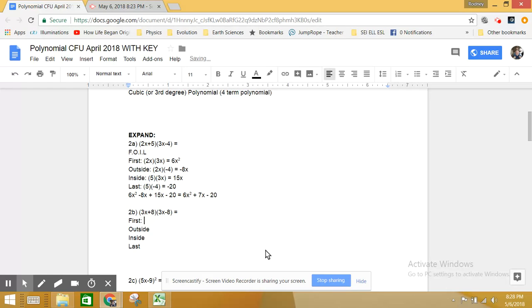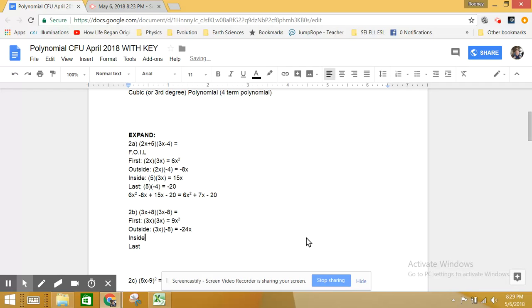My first ends up being 3x times 3x, which equals 9x squared. My outside is 3x times negative 8, which is going to be negative 24x.